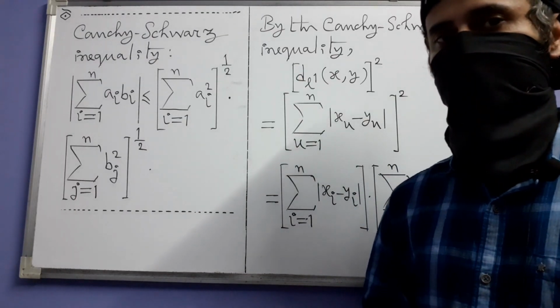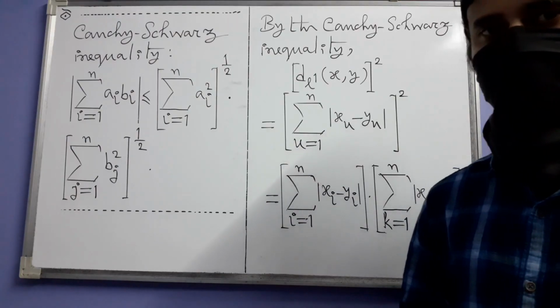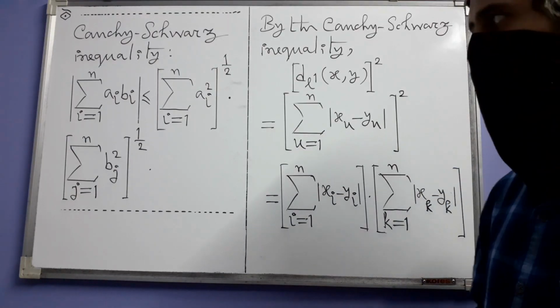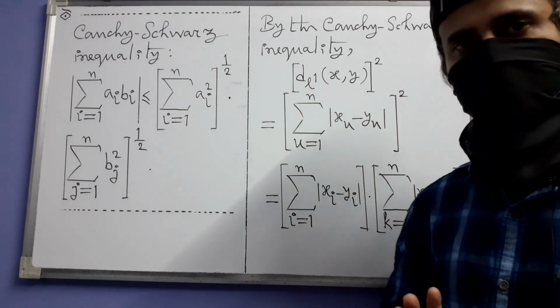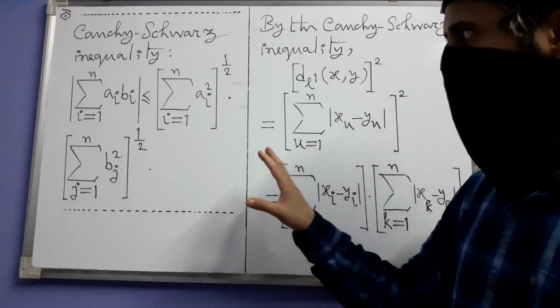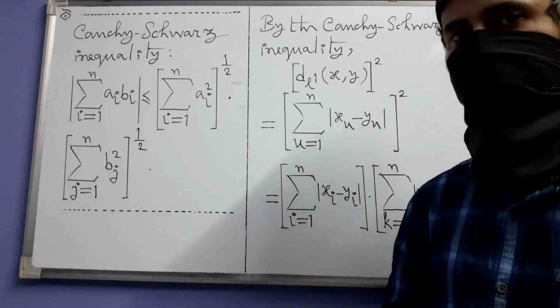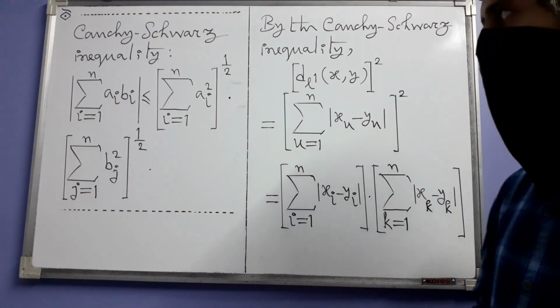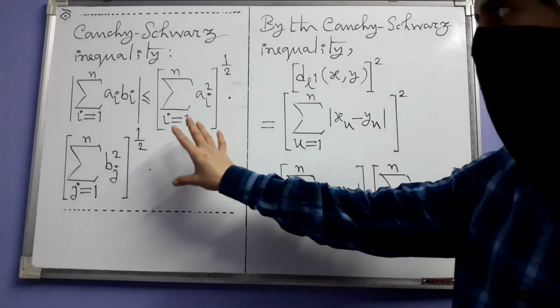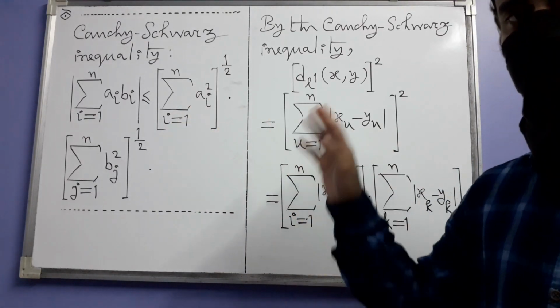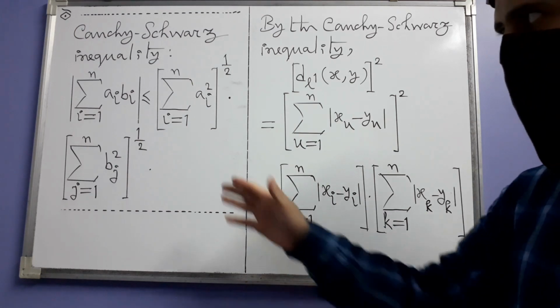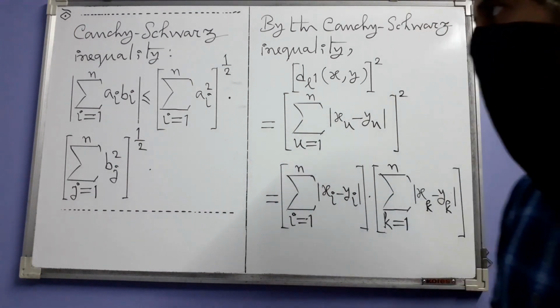We are going to need the Cauchy-Schwarz inequality to prove the second inequality. So let us first recall the Cauchy-Schwarz inequality, and let us try to remember this carefully, because I cannot afford to just keep it like this as I am doing the calculation. I need this space as well.